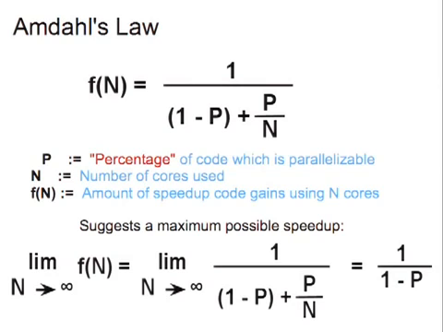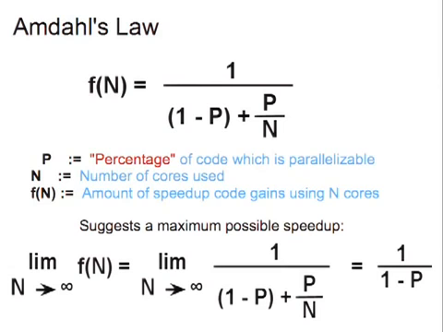So if your code has a certain percentage p which can be parallelized, and you're using n cores to run it, you're looking at a speed up of f of n. So the logic here is no matter what happens, we've got this percentage which can't be parallelized, which is just sitting there eating up our cycles, eating up instructions.